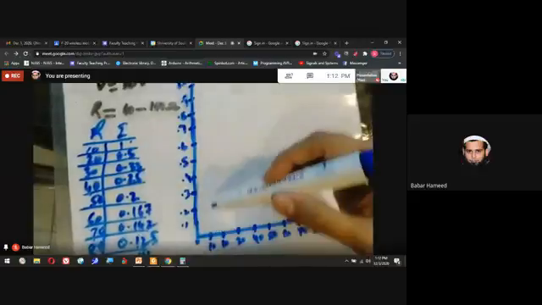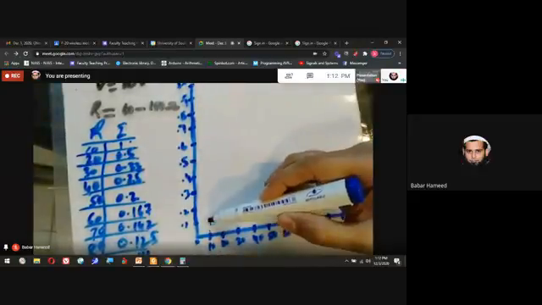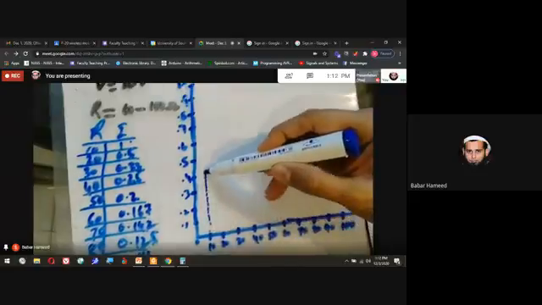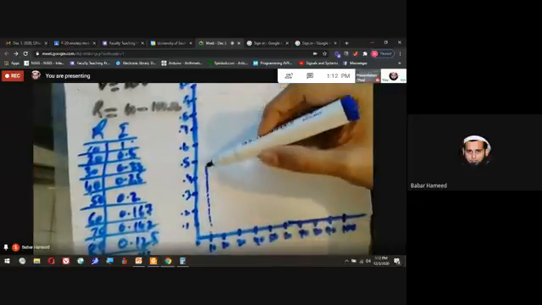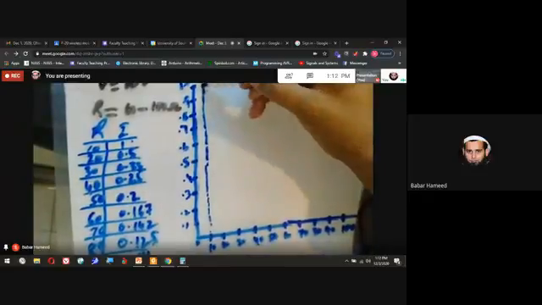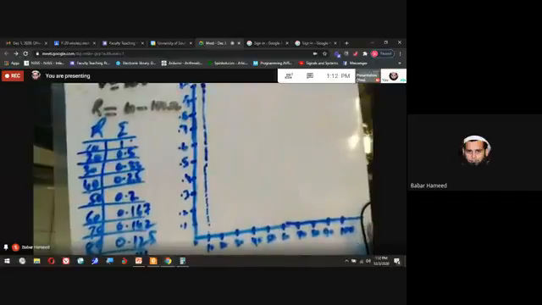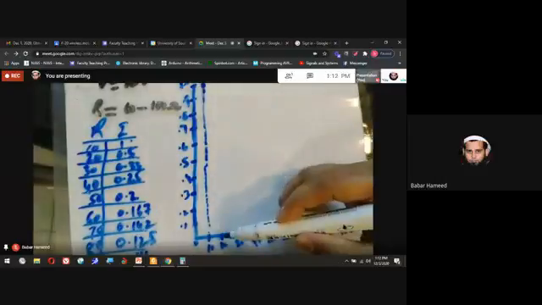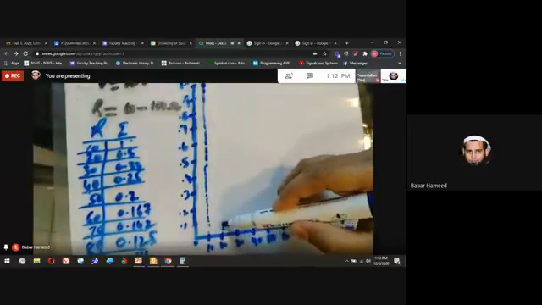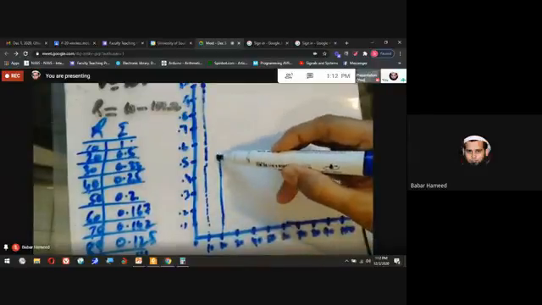So for 10 it was 1, if we draw a line here we get the value 1, and for 20 it dropped to 0.5, a massive drop. You can see the change.